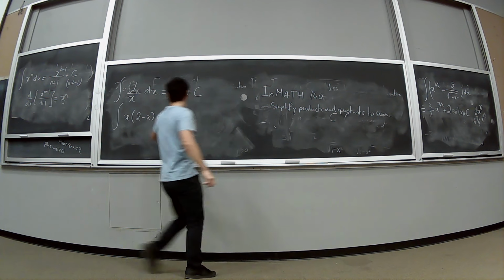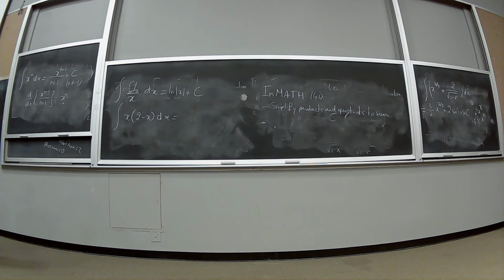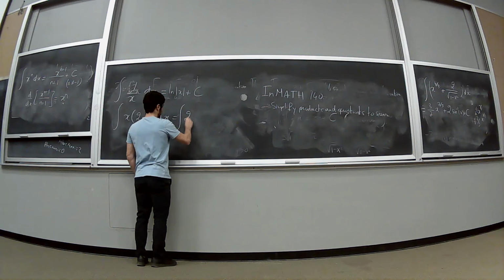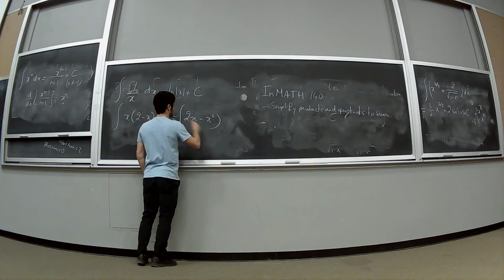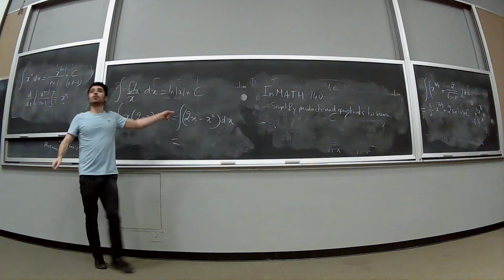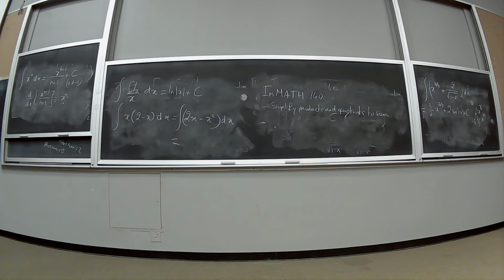Okay, great. Now let's simplify this to a sum. Can I expand this as a sum? So what do I get? I get 2x minus x squared. What's an antiderivative of 2x? A function when you differentiate, you get 2x.